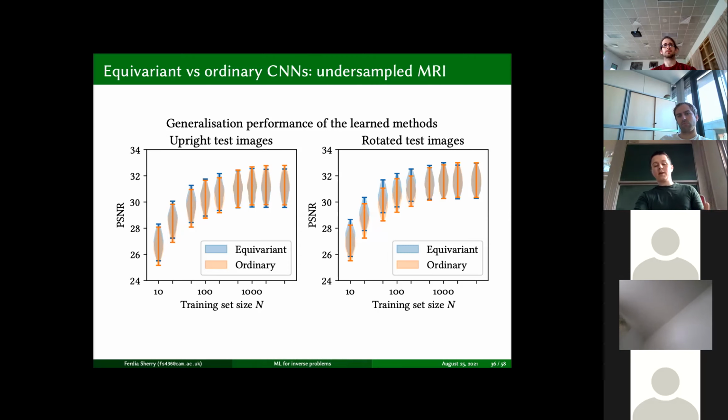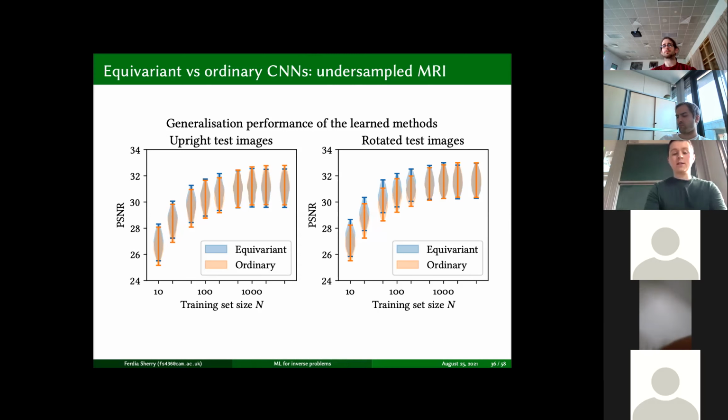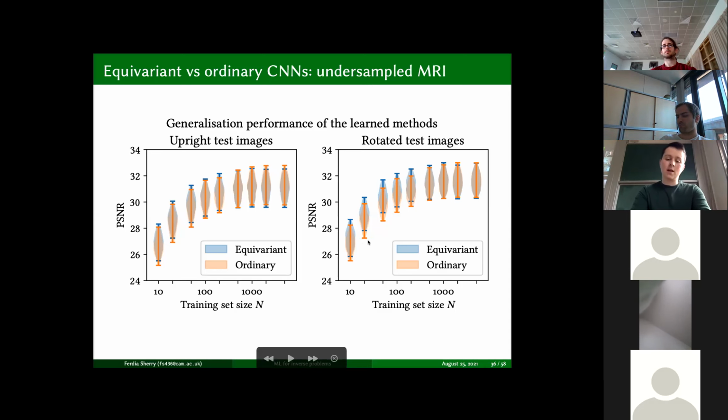You should keep in mind that in this comparison the ordinary one has enough capacity to completely emulate the equivariant one, so it's more flexible. So if you feed it enough data, it's probably going to do better than the equivariant one, at least for images like the ones you've seen in training. But you still get this robustness to unseen rotations.